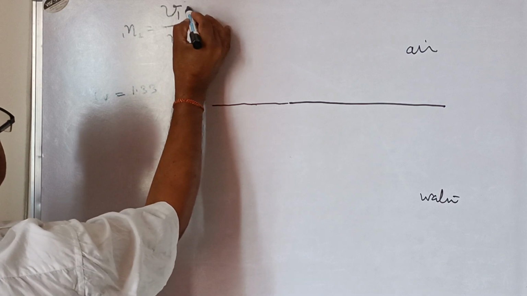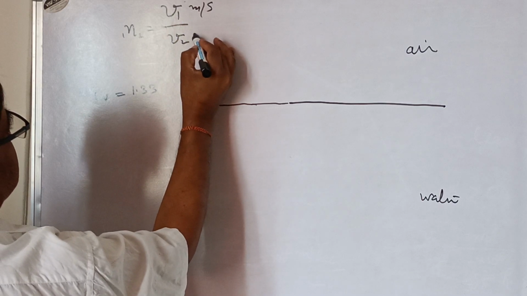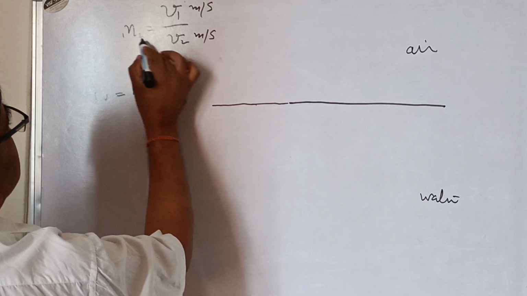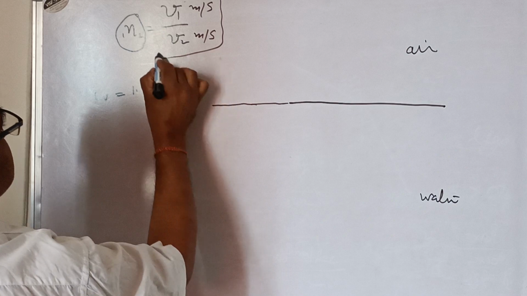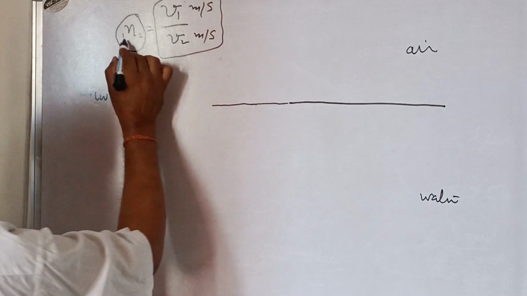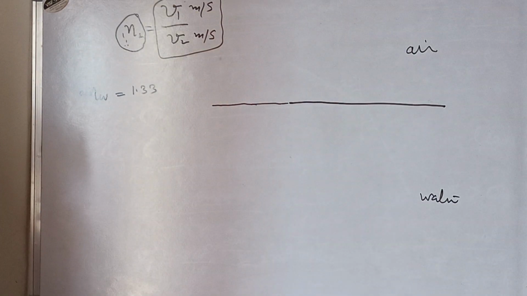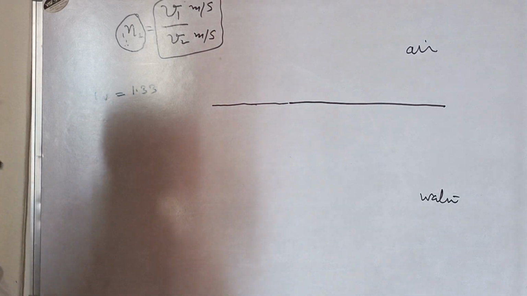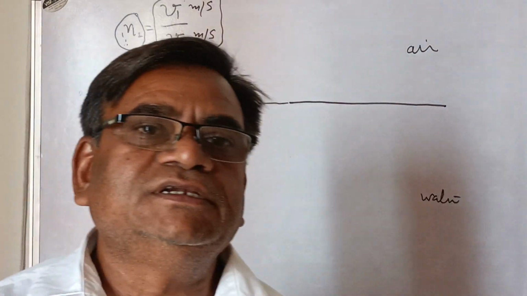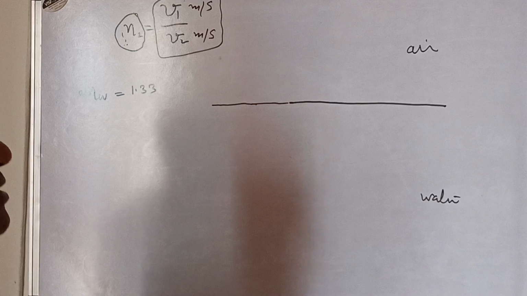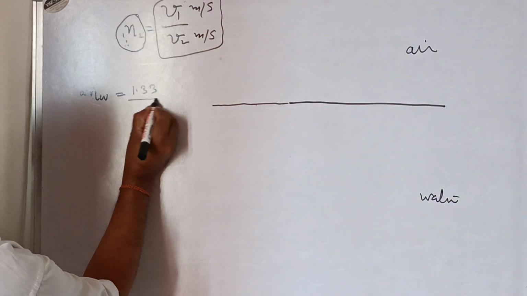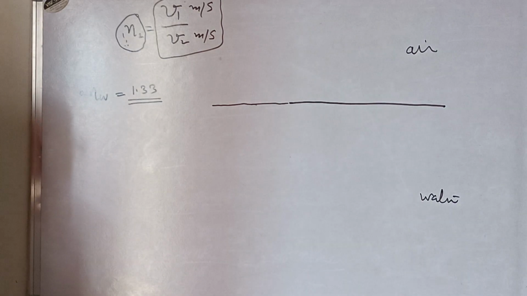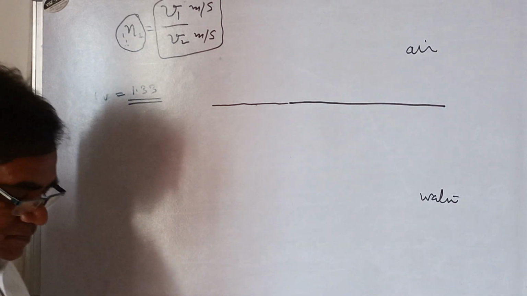So here it is meter per second, here is also meter per second. So this n has no unit. This is just a number. n is just a number, it has got no unit, no meter, no kg, no second. This is just a number. So water refractive index is given 1.33.